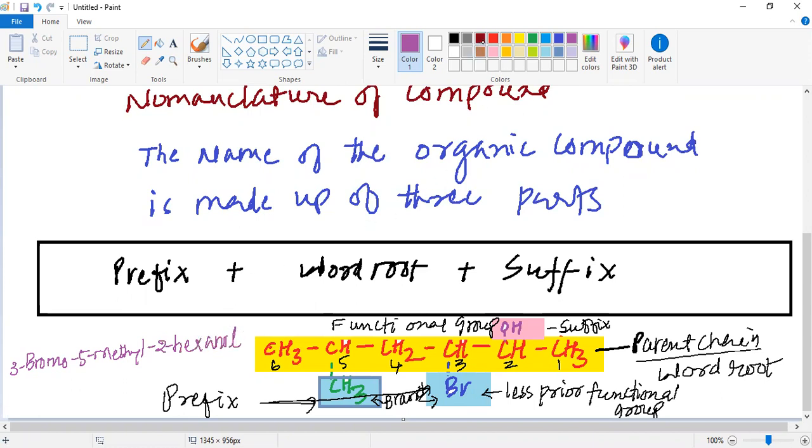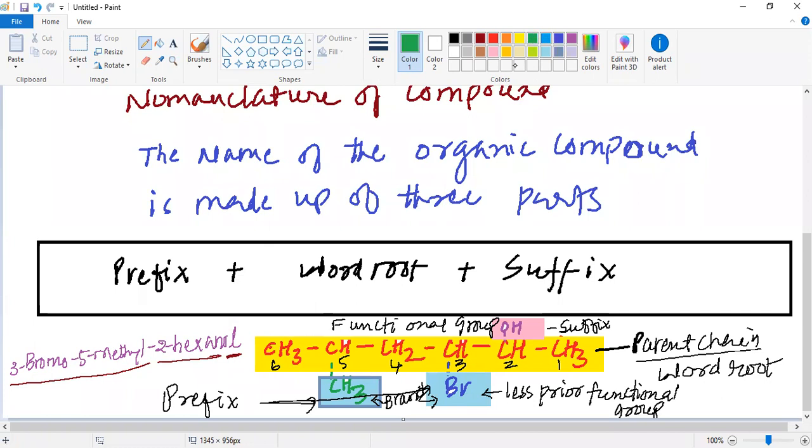And here we can easily identify that this part is the prefix, hexane is your word root, and ol is the suffix.